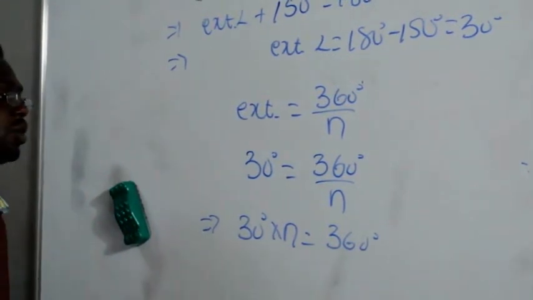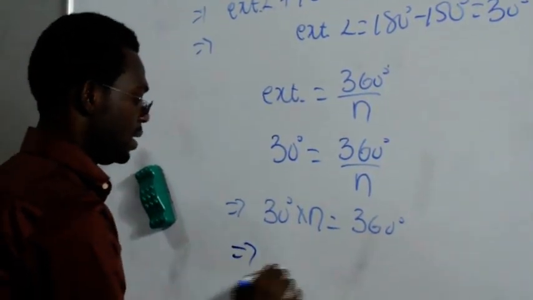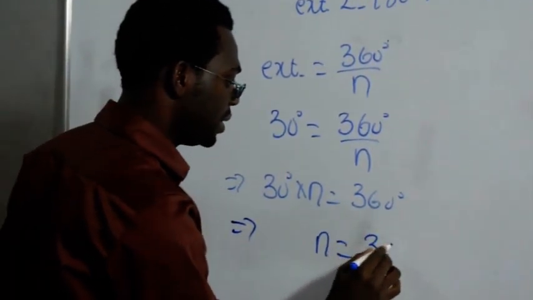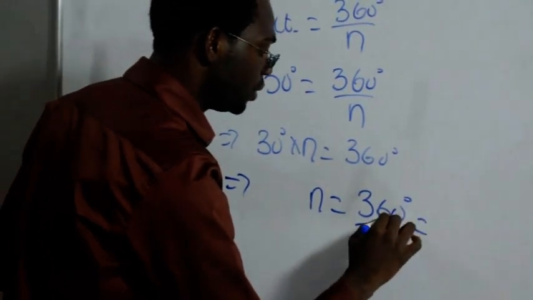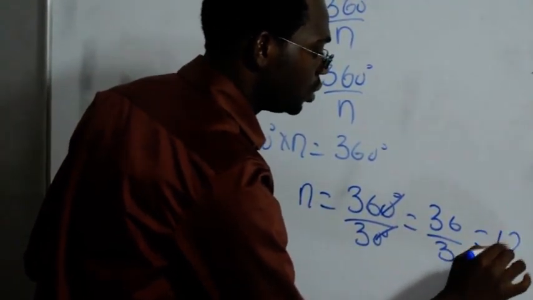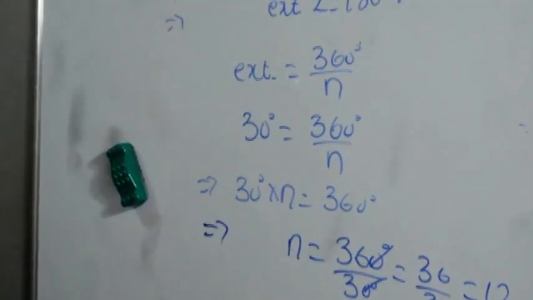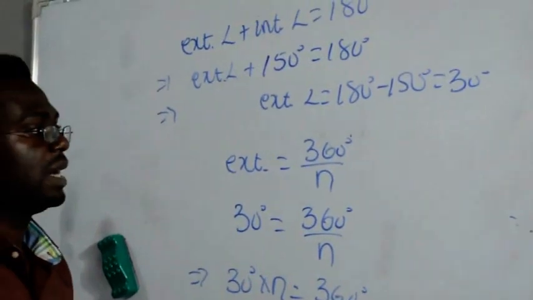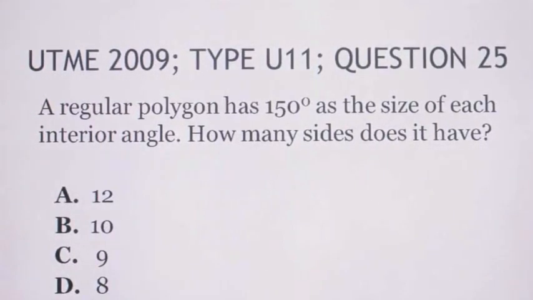We are looking for n, so we divide both sides by 30 degrees. So n is equal to 360 over 30, which gives us 36 over 3, which is 12. So the polygon in question has 12 sides. That is option A as we have on the slide there.